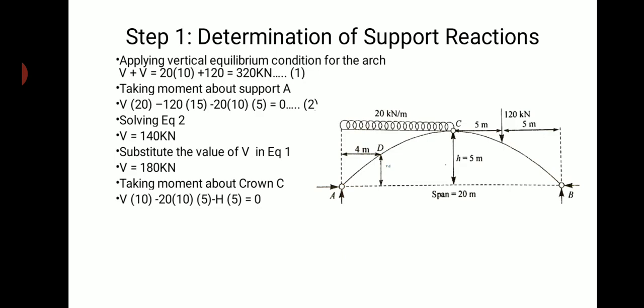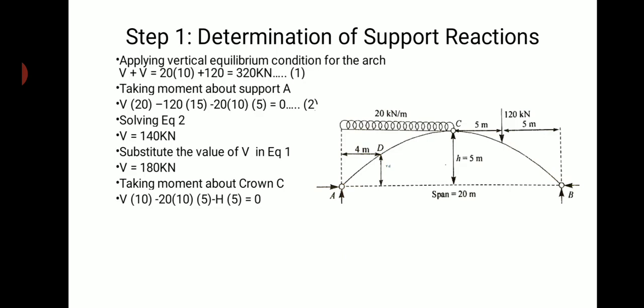So VA into 10, it is in the clockwise direction, so it is positive. Then 20 into 10, where 10 is the span acting, and 10 by 2 is the centroidal point.